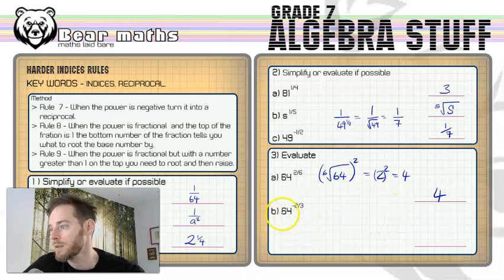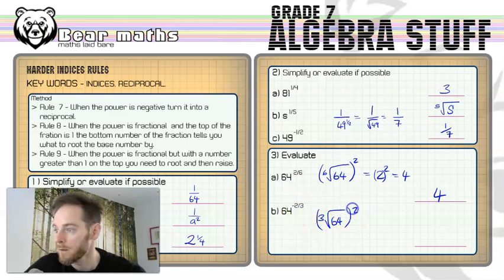And then the last one, this is a combination of rule 7 and rule 9. So negative fractional power, but we're raising at the end there as well. So same thing, we've got the cube root of 64, and then to the power of 2. But remember, because it's negative, it's all got to be 1 over all of that.